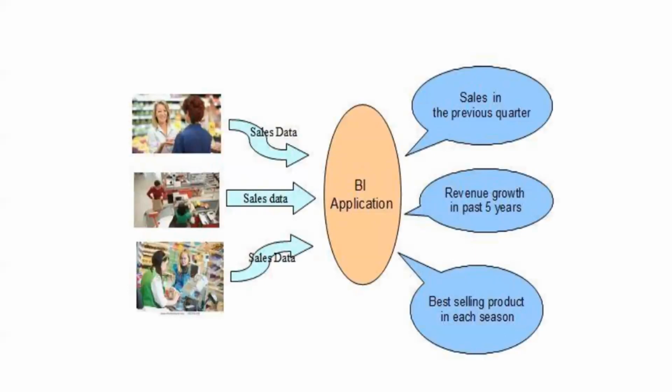As per the pictorial diagram, you can see a particular shopping mall has multiple sales outlets. On the left-hand side of the diagram, those are the different sales outlets, and we have our BI application. BI means business intelligence application. In this application, we are collecting the sales information for each outlet. Now data engineers work over here.